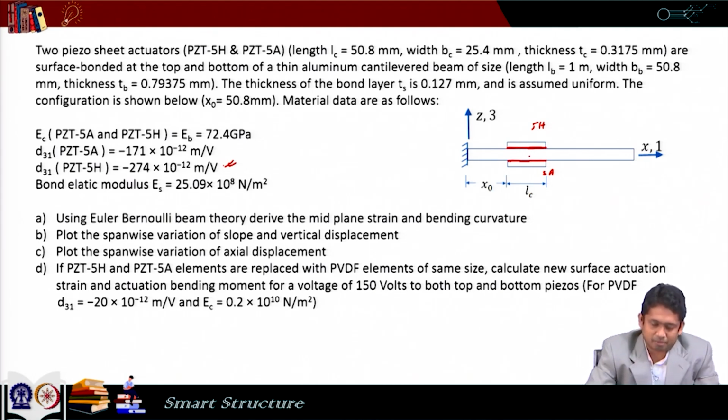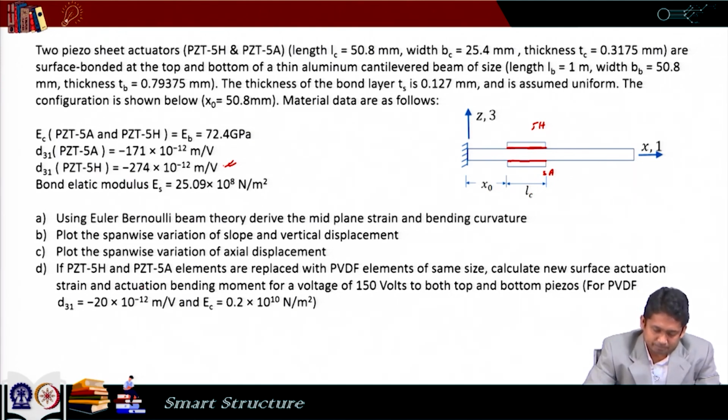Properties are given. So, using the Euler-Bernoulli beam theory, we have to derive the mid plane strain and curvature, which is epsilon 0 and kappa, and plot the span wise variation of slope and vertical displacement, how the vertical displacement and slope vary along the length, and plot the span wise variation of axial displacement along the length.